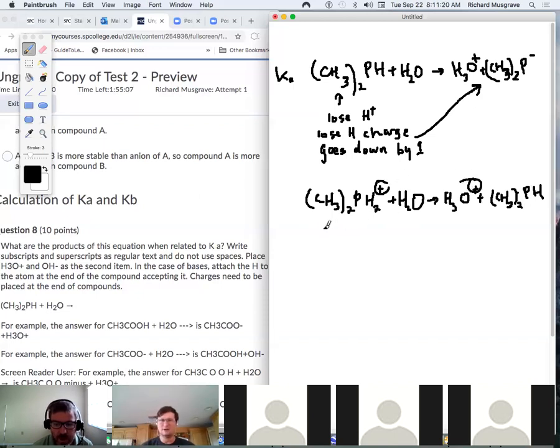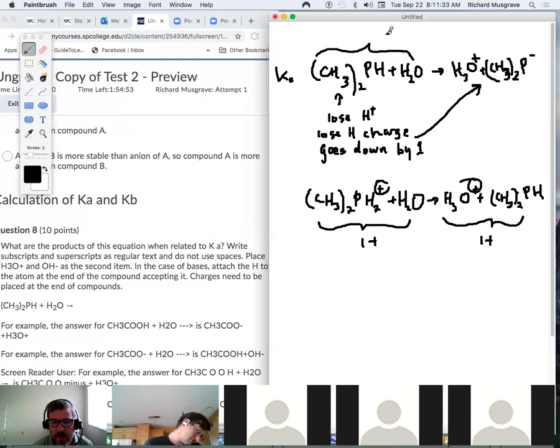We're going to have 1 plus total on this side and 1 plus total on this side. In the previous example, that was 0. And when we have plus and minus together, of course, that's 0 as well. So the charges do match on each side. Does anybody have any questions? All right, so that's an example there.